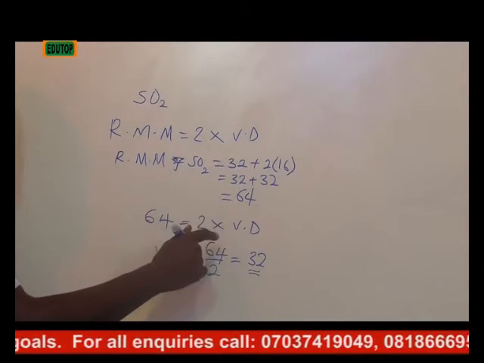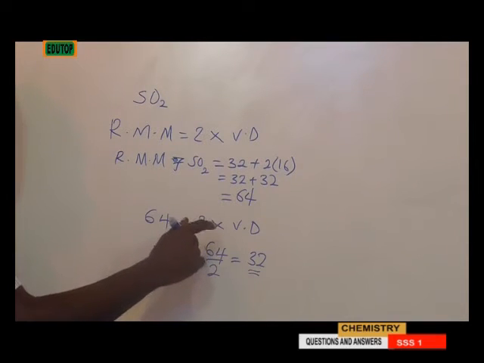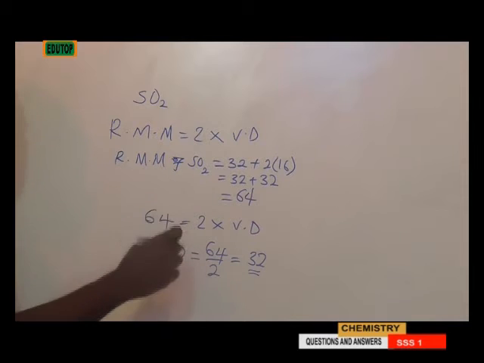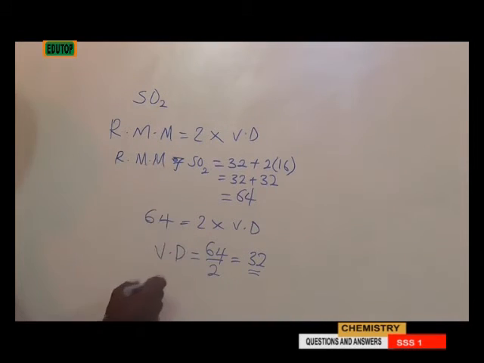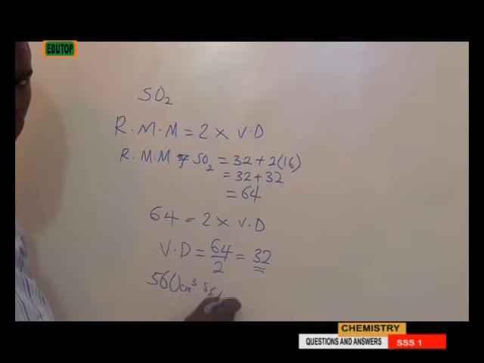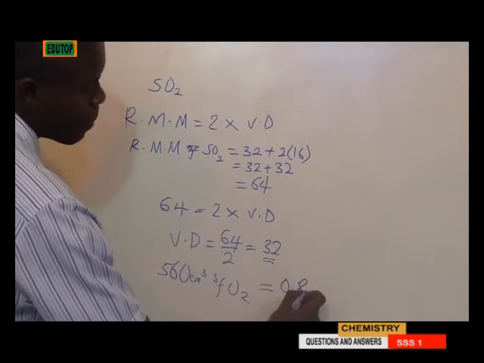Question B: it is given that 560 cm³ of oxygen weighs 0.8 gram at STP, standard temperature and pressure.